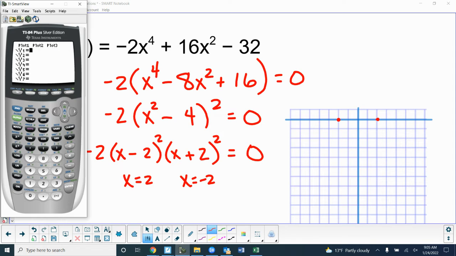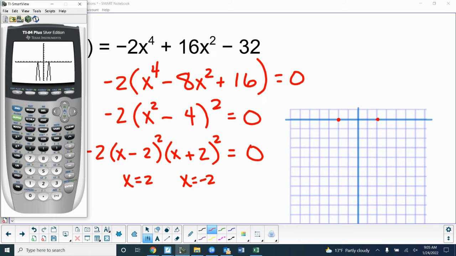So let's go and put that in. Let's clear that out. Here's your negative sign down here at the bottom under the 3. Don't forget about that. I'm putting in the original problem, and then I'm going to hit graph. Did it do what we thought was going to happen?